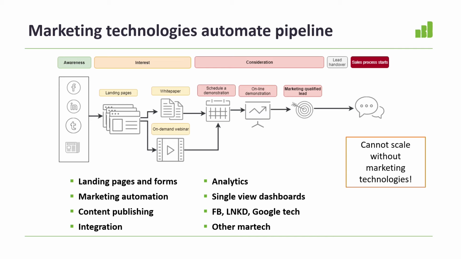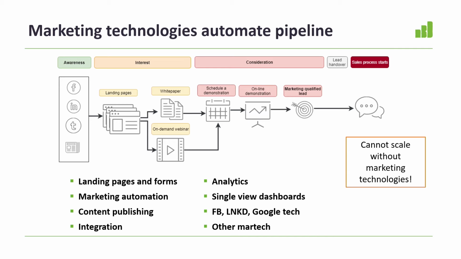The only way you can handle these hundreds and thousands of relationships is with the help of marketing technologies, and specifically marketing automation. Also, as we said, you need to understand and read all these signals from people. Otherwise, you will not be able to identify the potential lead at the right time.